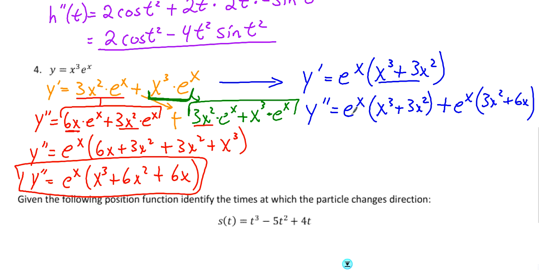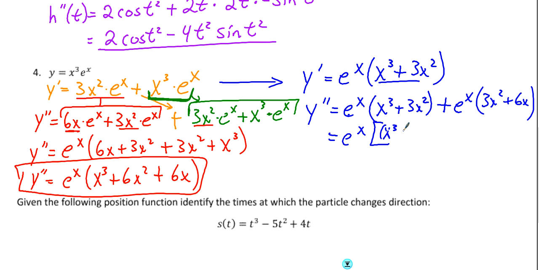And then you see how these two have e to the x, and I could have taken that e to the x out, which would have left me with x cubed plus 3x squared plus 3x squared plus 6x, like that.